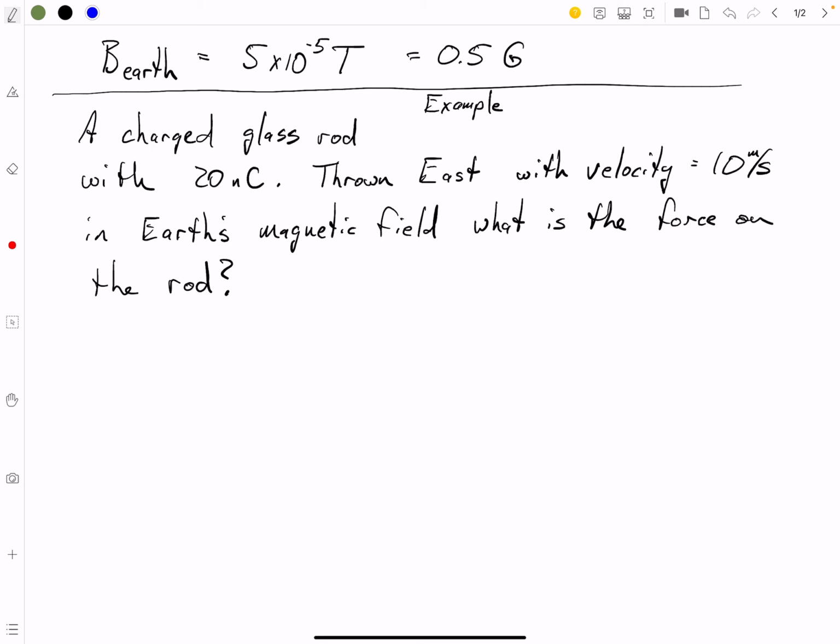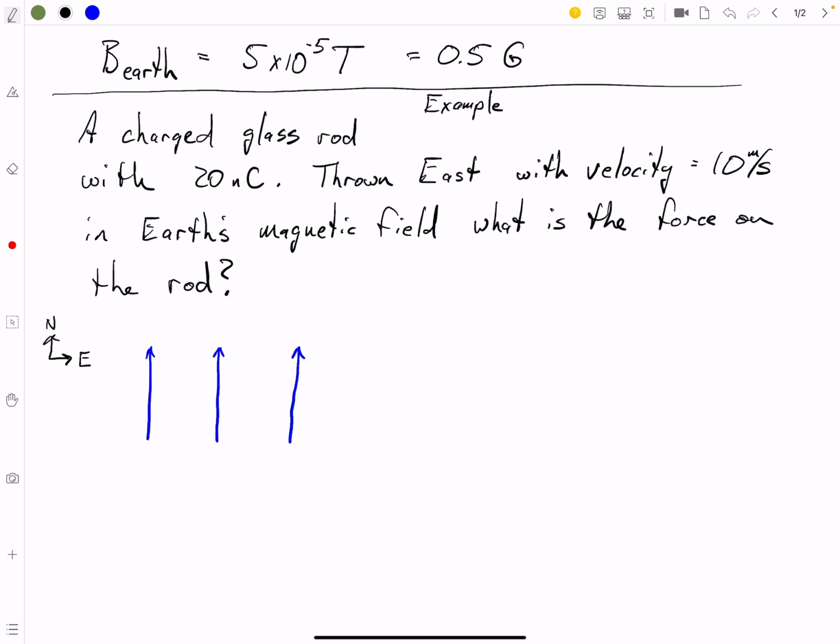Here's our B field, and we're going to say this is east and this is north.